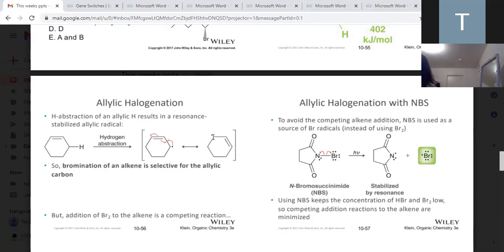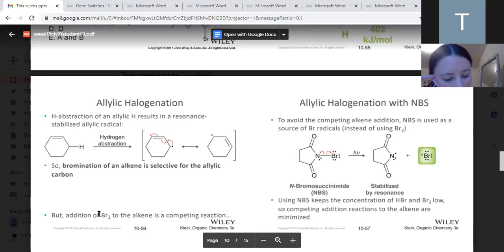When you do this, though, you have to be careful, because when you do Br2 and a double bond, do you remember what happens? You add a bromine across the double bond. Remember, there's a bromine on each carbon.